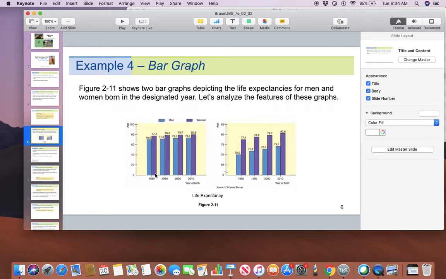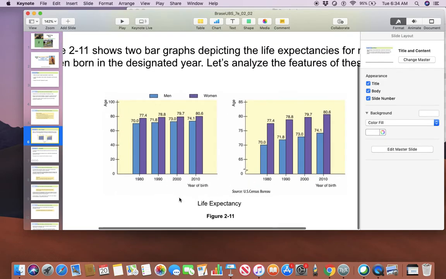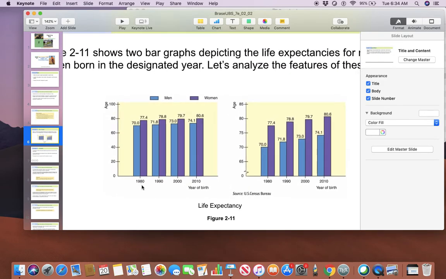Okay, here are examples. If you're looking at life expectancy, that's your frequency, in age, right? And these are the years of birth. So different ages, you see, the blue one is for men, the purple one is for women.